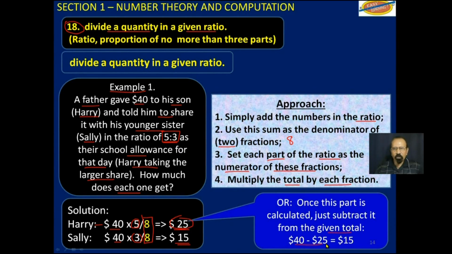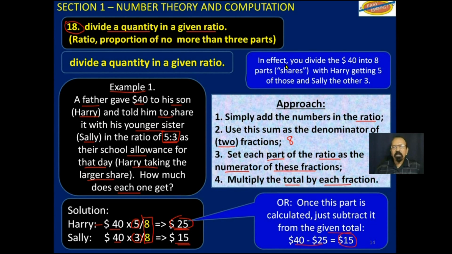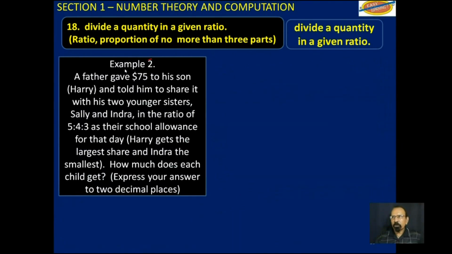So 40 minus 25 will give you 15. It's your choice. Either way is correct. But to go back to what you were doing, in effect, you divide the $40 in 8 parts or 8 shares, with Harry getting 5 of those shares, so that's 5 over 8, and Sally getting the other 3, which is 3 over 8.